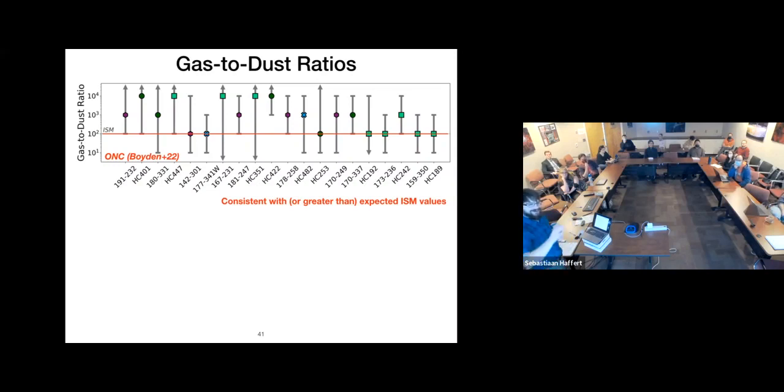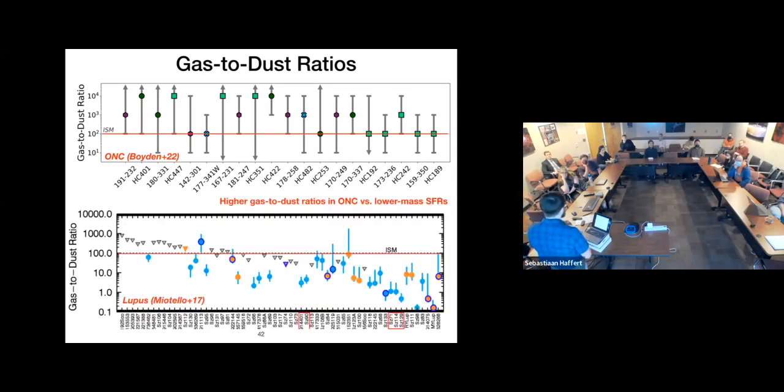And what's interesting about this result here is that these gas to dust ratios are systematically larger than the values derived for disks in lower mass star forming regions from similar chemical modeling of CO or CO isotopologues. In many of these low mass star forming regions, like Lupus shown here, disks are found to have these low CO-based gas to dust ratios, sometimes as low as 10, and sometimes even as low as 1 or even lower.